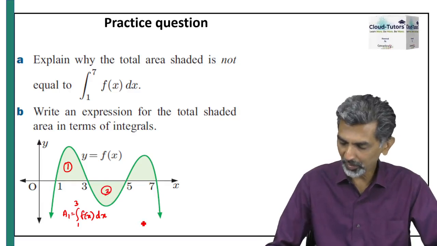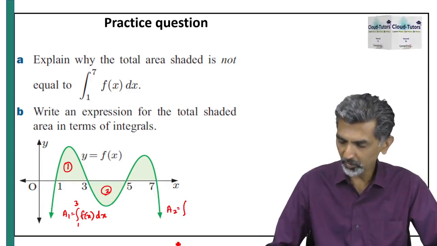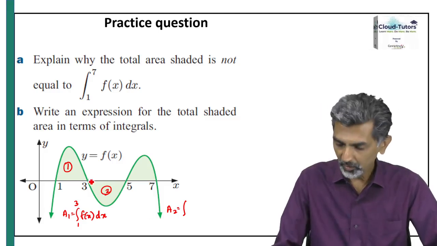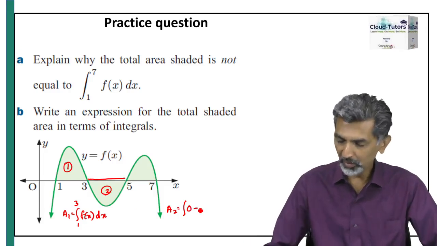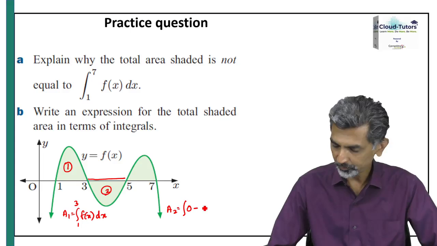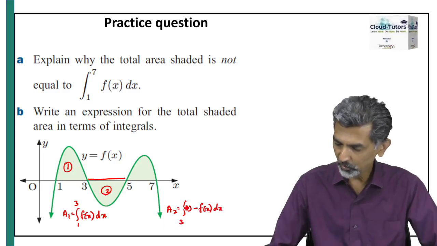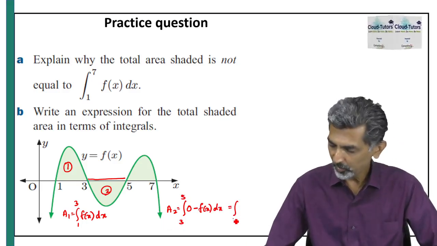The area of the second part is A2 is equal to integral. The upper curve is the x-axis, which is y is equal to 0, and the lower curve is f of x, and it's going from 3 to 5. And this can be rewritten as 5 to 3 f of x dx.